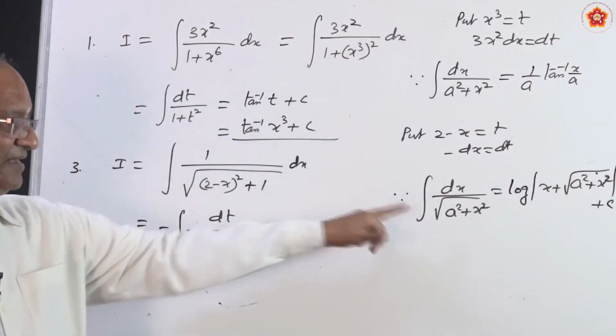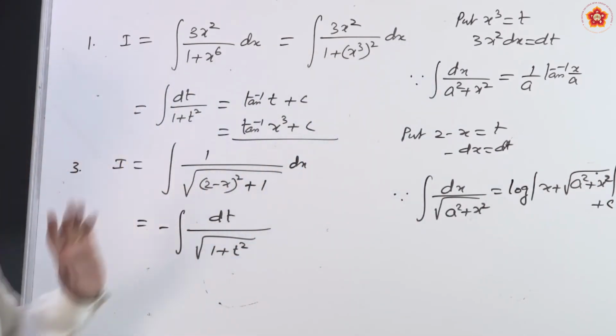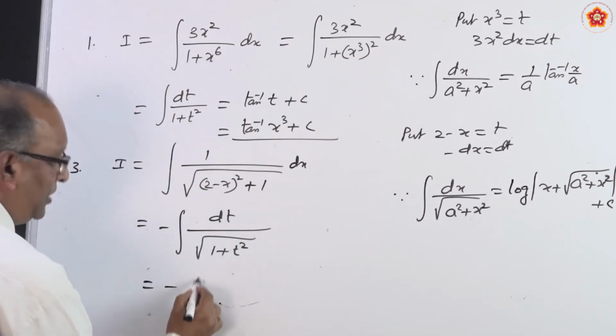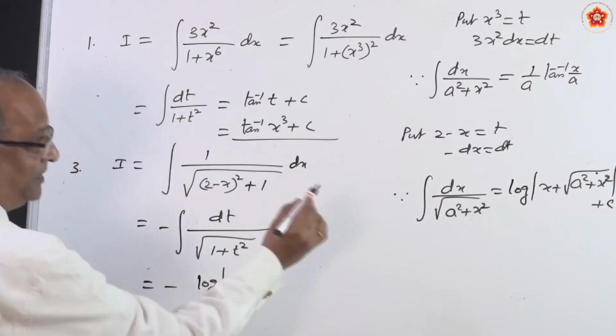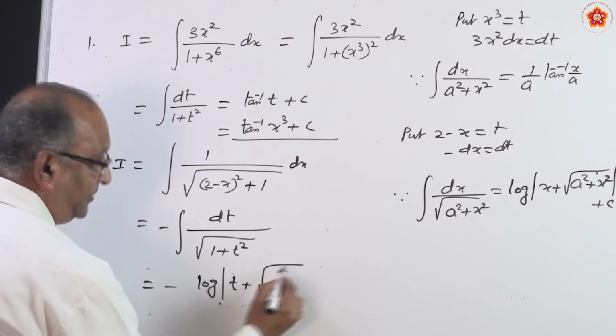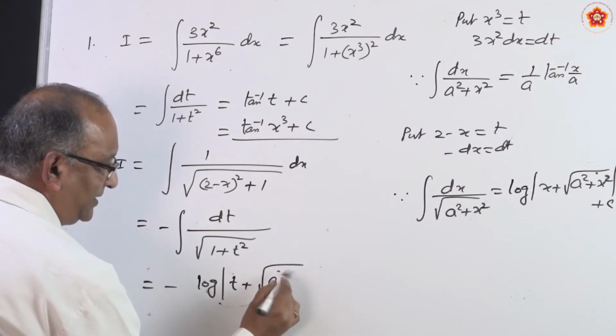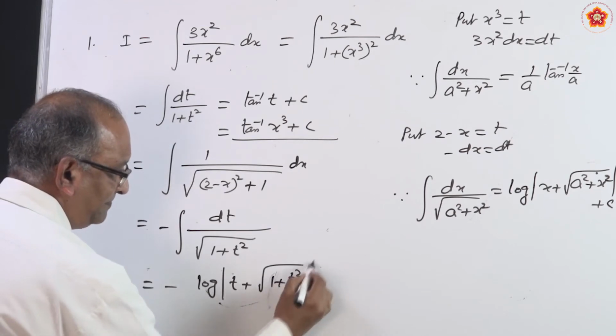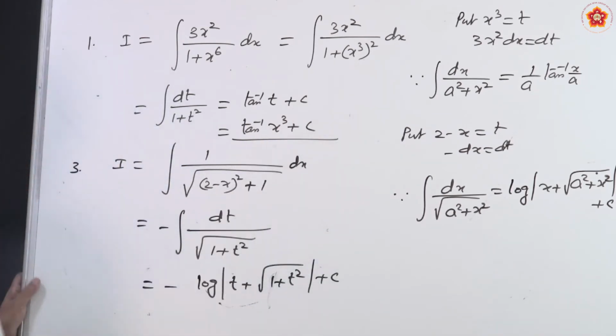In place of a square we have 1 square, that is 1. So that makes it very simple: minus log, in place of x we have t, so we write t plus under root of 1 plus t square plus c. Substitute back what is t.